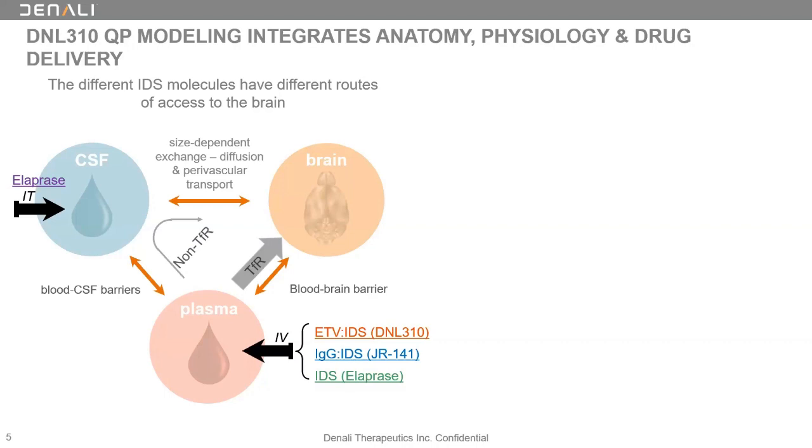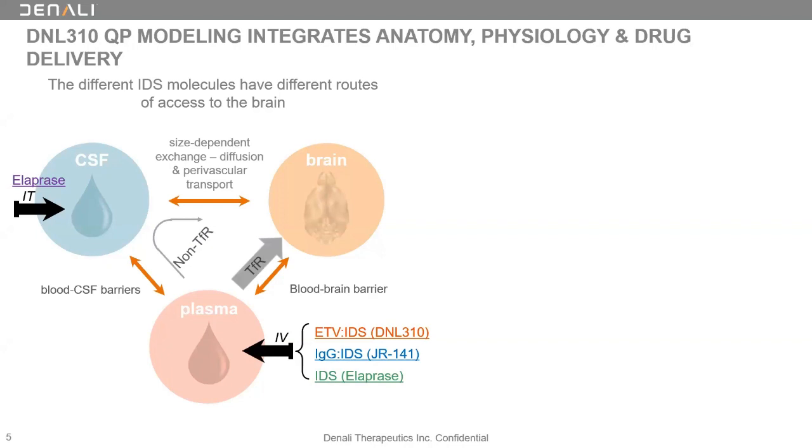And for typical molecules, we know that it's very difficult to cross this blood-brain barrier. We also have the CSF compartment, and that is separated from the plasma by the blood-CSF barrier. And essentially, your CSF is the fluid around the brain, and distribution or transport between the CSF and brain is primarily through diffusion exchange, which is potentially non-specific.